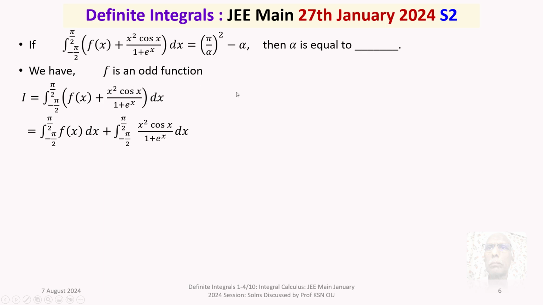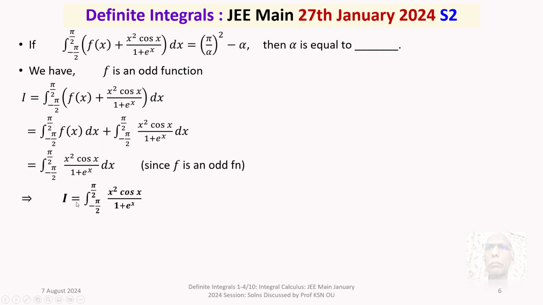So that will be equal to the integral from minus pi by 2 to plus pi by 2 of the second function. Now we write I is equal to the integral from minus pi by 2 to plus pi by 2 of x square cos x by 1 plus e to the power of x dx. Call this 1.